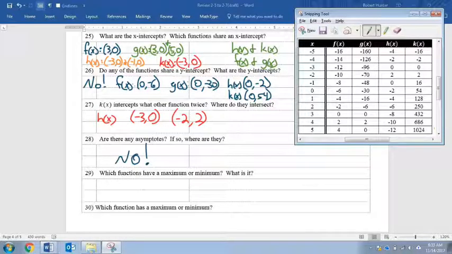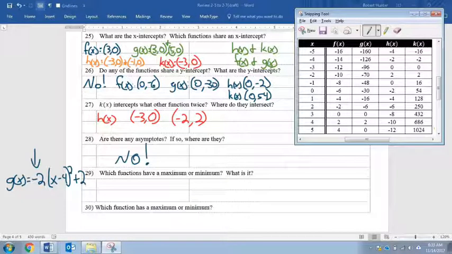Which functions have a maximum or minimum? Okay, so go down your list. F of x is linear, so f of x has none. G of x is quadratic, so g of x has a max or min. And you realize, oh, it's got an a of negative 2. So again, let me write g of x real quick: negative 2 times (x minus 4) squared plus 2.